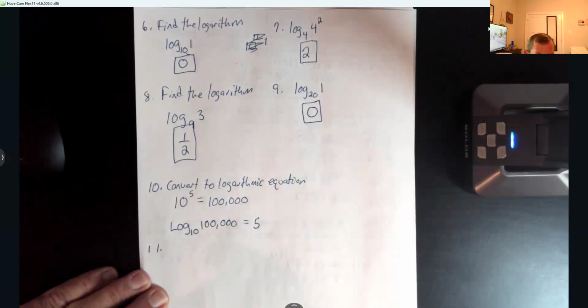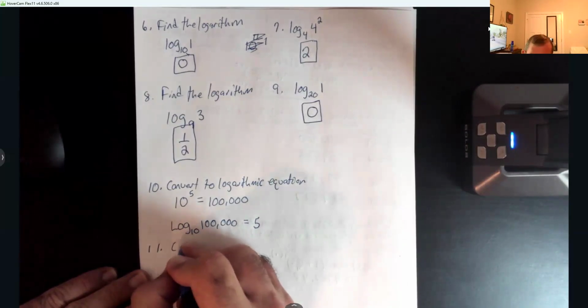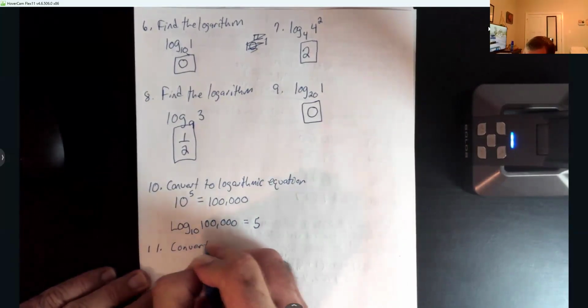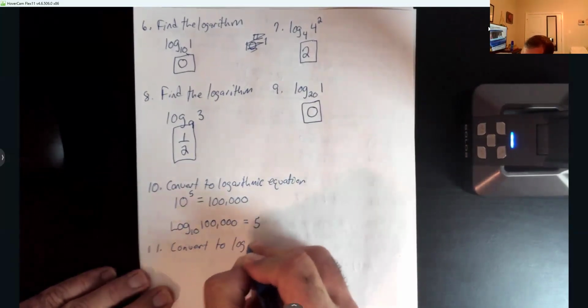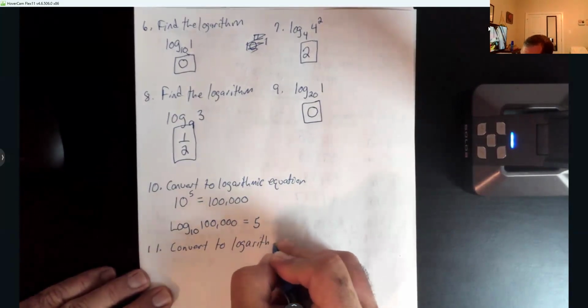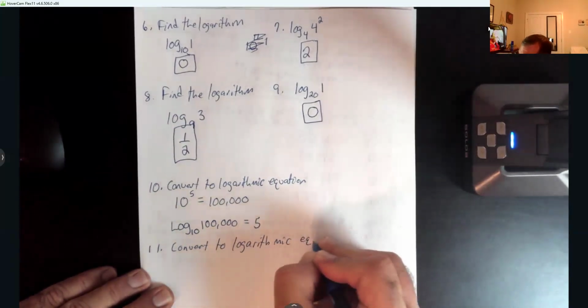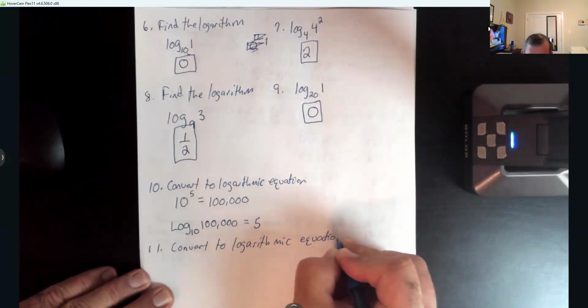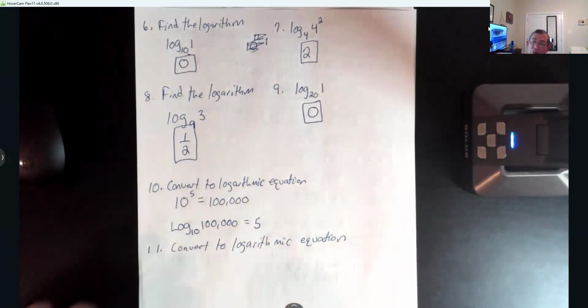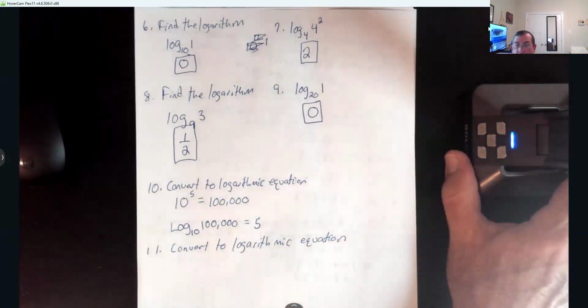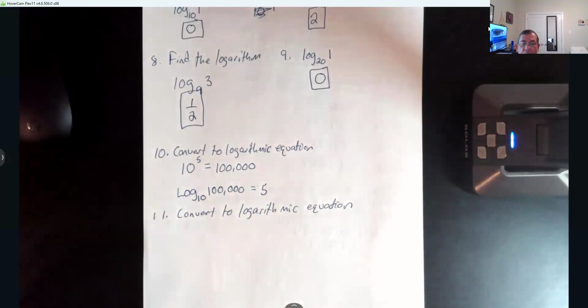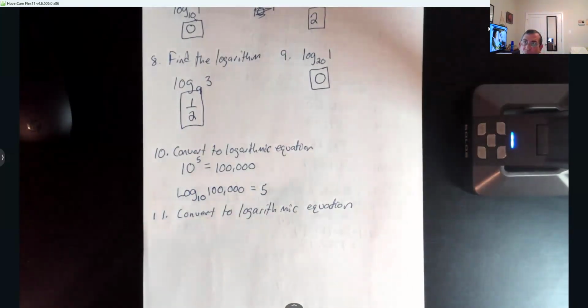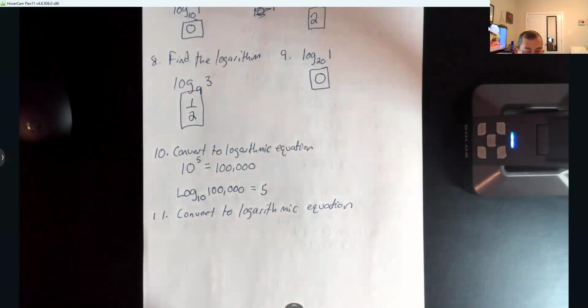And y'all 11, same thing, convert to the logarithmic equation. So it looks like they got us doing a couple converting to logarithmics, and then they'll do a couple where we're going to convert them to exponential.